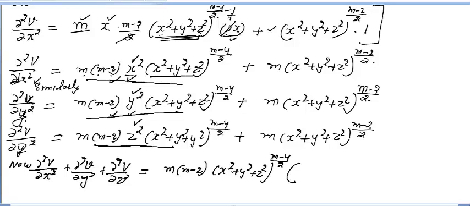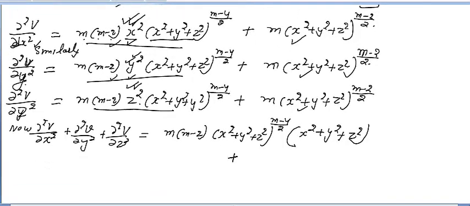So what is the rest of the thing? X square is left, plus y square plus z square, because you are adding. So these three terms I have added. Now when you add these three terms, they are same. The only thing is you will get plus 3m, because same thing, when you add 3 times, you get 3 times m (x square plus y square plus z square) raised to m minus 2 by 2. Now here student, power of this is 1.